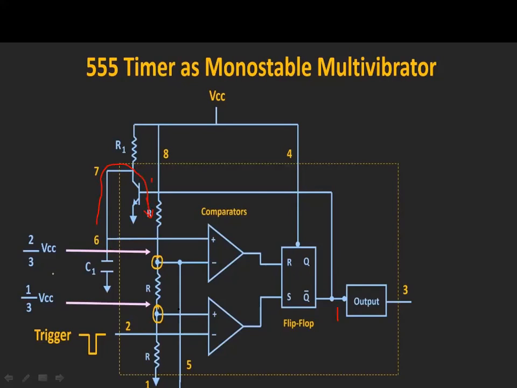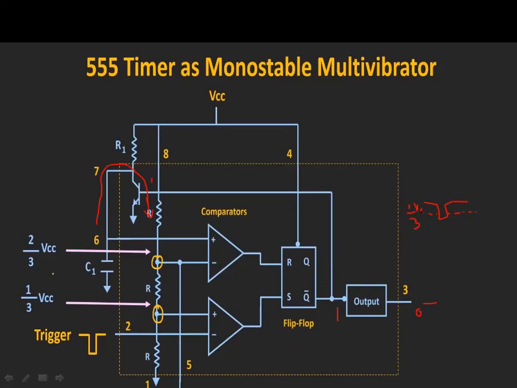Then we are going to apply the trigger signal. Now the output is at 0 level. So let us assume this is 0 level. So now we have applied a trigger. At this instant, I have applied a trigger signal which is greater than my 1 by 3 VCC.